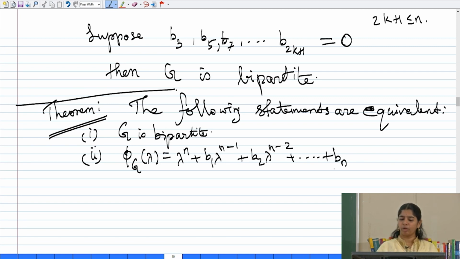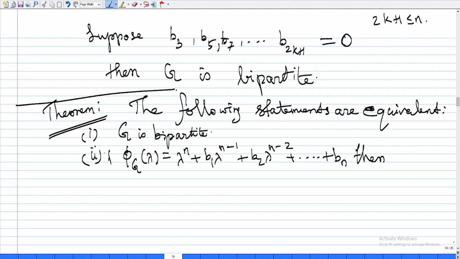In this characteristic polynomial, if phi is this, then all b_(2k+1) is 0, where k runs between 1 and, I can say, n or n by 2, whatever, you can just understand this fact, right.